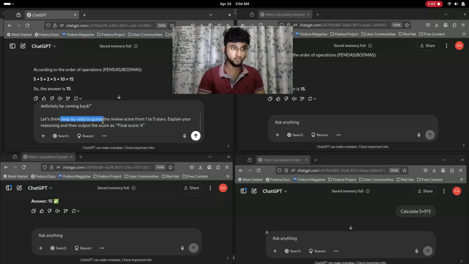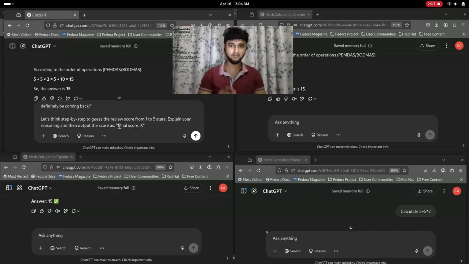I add in chain of thought. Then the review is rated from 1 to 5 stars. Explain your reasoning. That means chain of thought. And then output the score as final score X. So now I also give an example.